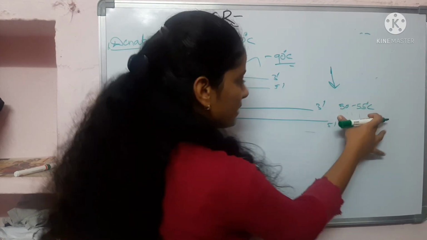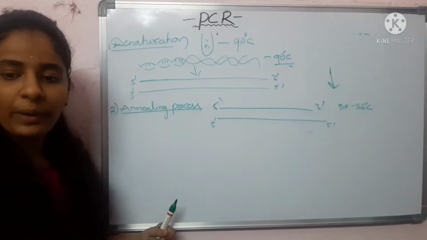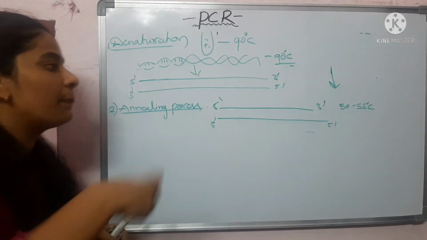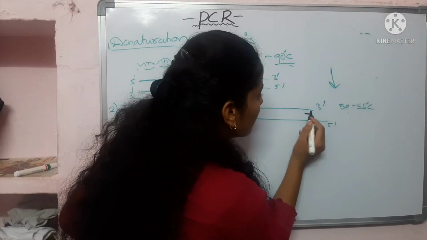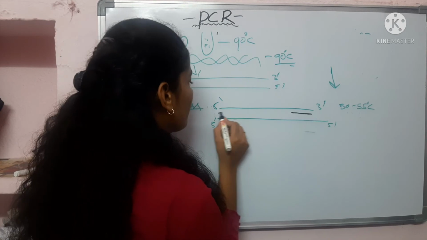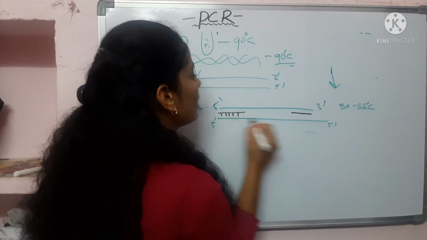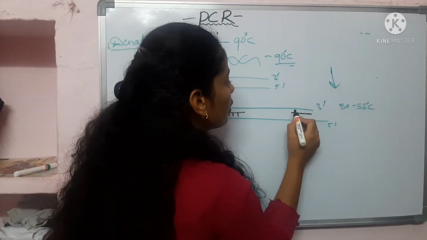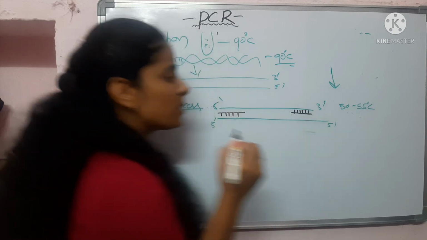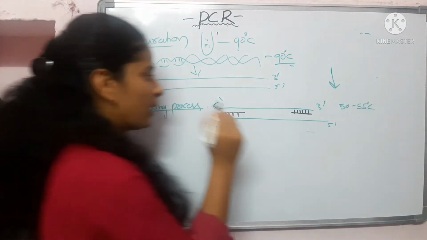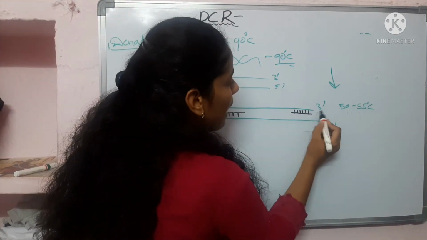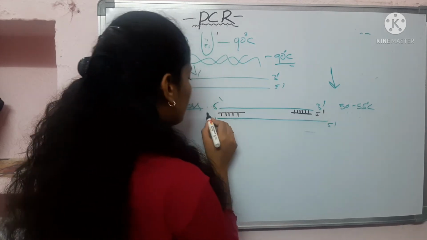Upon decreasing the temperature, the primer present in the sample comes and attaches to the DNA template, forming a complementary sequence. It will add in the 5 prime direction.